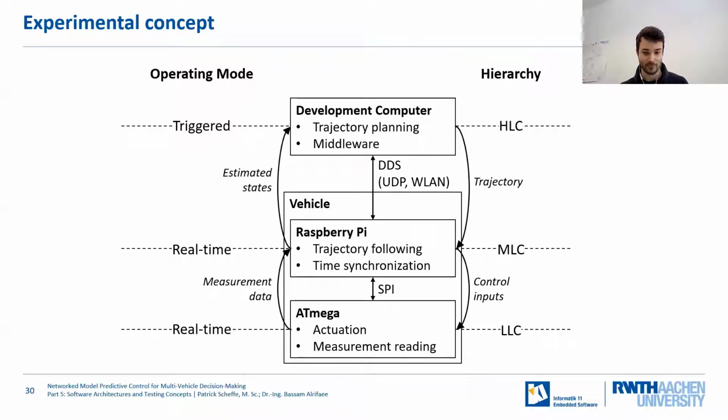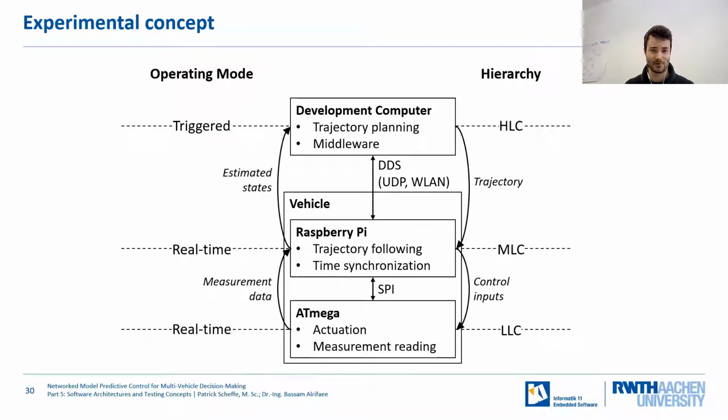And I will just go through the illustration here. So we have this hierarchical structure in three parts. Our high-level controller, as I said before, is separated from the vehicles due to the small size. And the high-level controller is just a normal PC, which is responsible for the trajectory planning.